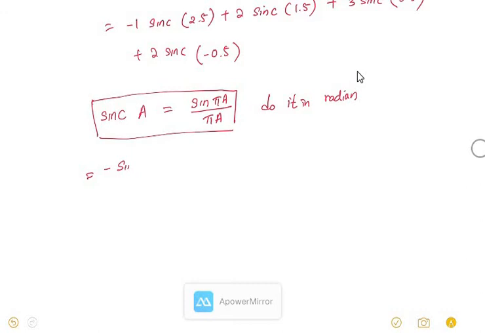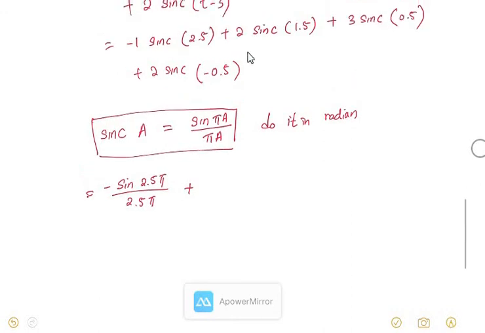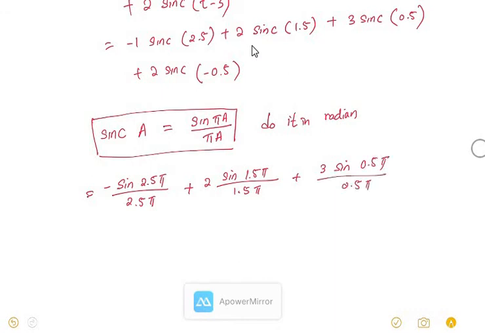So sine 2.5 pi over 2.5 pi, plus the second one, 2 sine 1.5 pi over 1.5 pi, plus the third one, 3 sine 0.5 pi over 0.5 pi, and then plus the last one, 2 sine negative 0.5 pi over negative 0.5 pi.